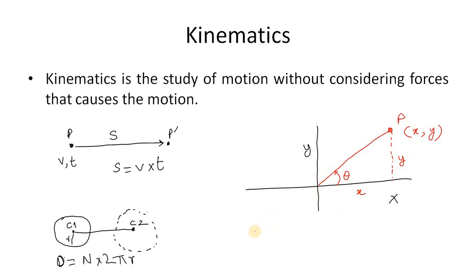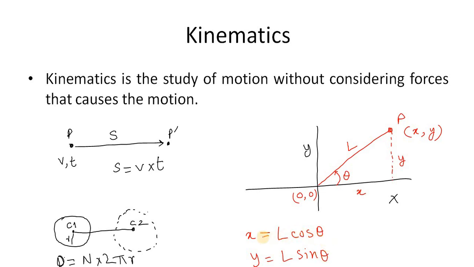Okay, so let's say that the length from the origin 0, 0 to this point is L. So x is equal to L cosine of theta, and y is equal to L sine theta.